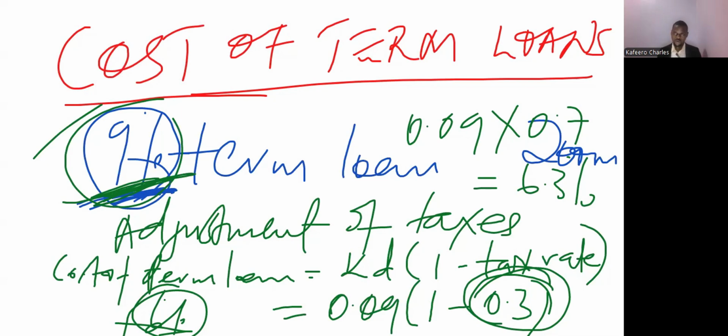So if it is a zero coupon loan, then we are not paying interest, and we will not have that saving in tax.